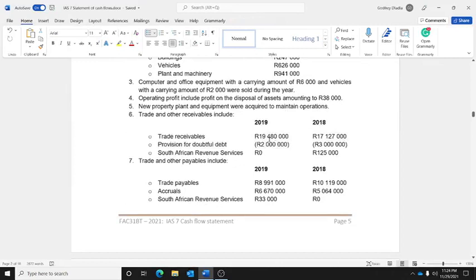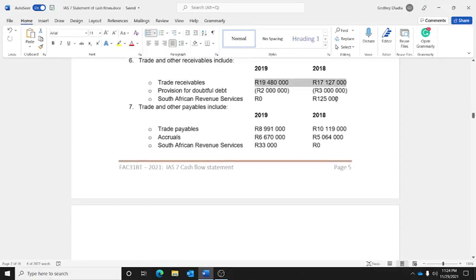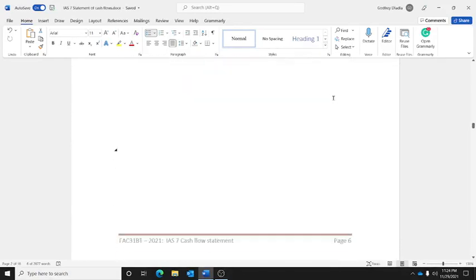Now, like I said, we use these ones. These are the ones before deducting the provision. So those are the ones that we want. The ones shown on the statement of financial position are net, after deducting the provision. So we don't work in that fashion. We work with gross amounts, not after deducting the provision.